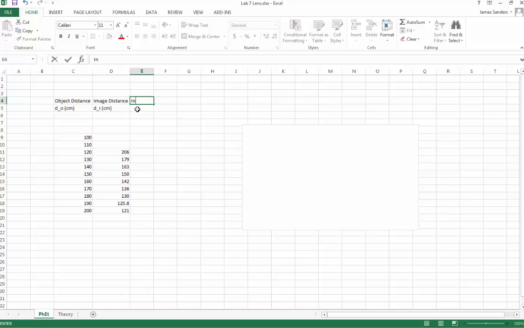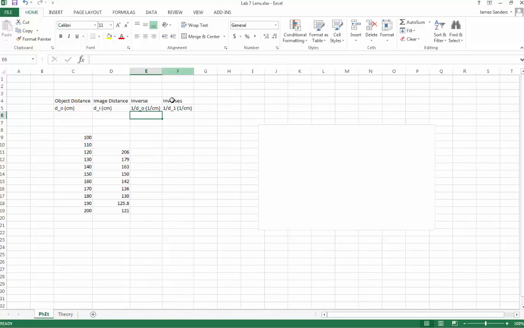What I want to do is have inverses here. So this would be a 1 over do, and the units would be per centimeter. And this one right here is 1 over di, and that's units of 1 over centimeters, or centimeters to the minus 1.